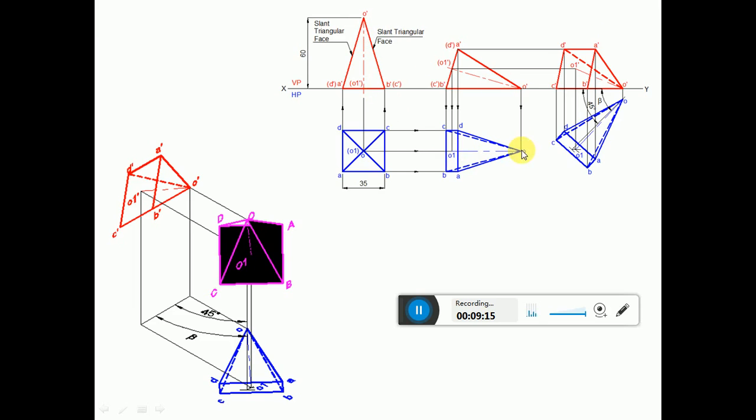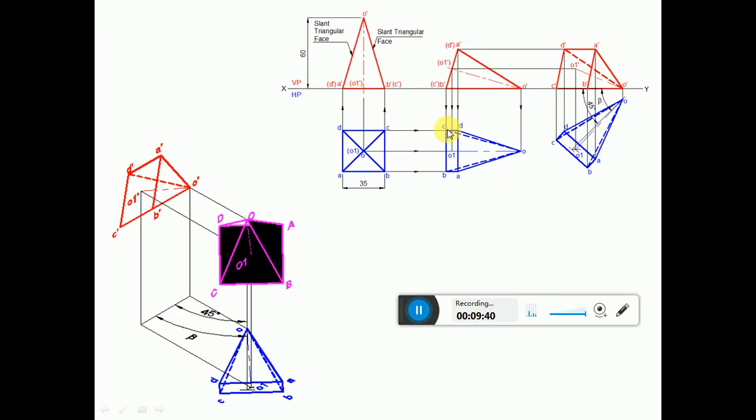Now since he has given the true inclination, and the second position top view shows an apparent length, we need to find out the apparent inclination. That is how we have to decide. So consider any point on the XY line, then measure an angle of 45 degrees using the compass and draw a 45 degree line.